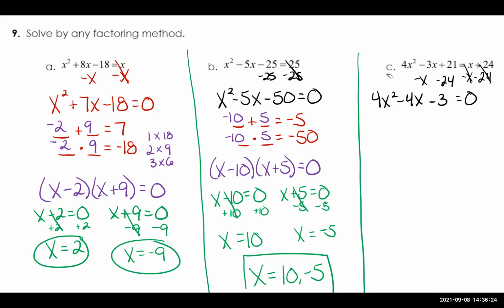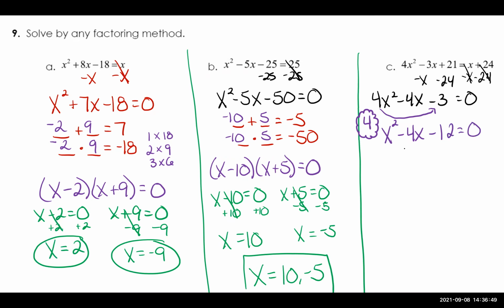So I'm going to do the slip and slide method or the slide and divide method, or I personally call it the cloud method, because I'm going to set the 4 off to the side. I'm going to put this in this cute little cloud so I don't forget about it. I'm going to bring it down as x squared minus 4x. And in that same step, I'm going to multiply 4 times negative 3 to get a negative 12.